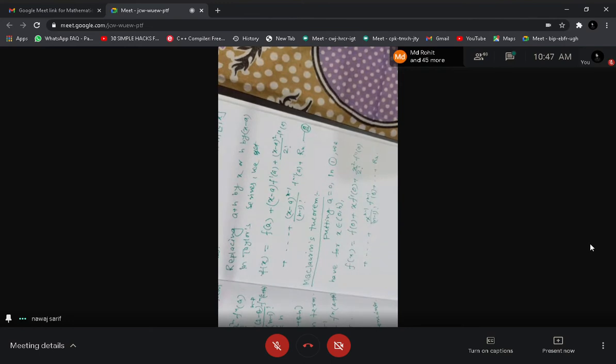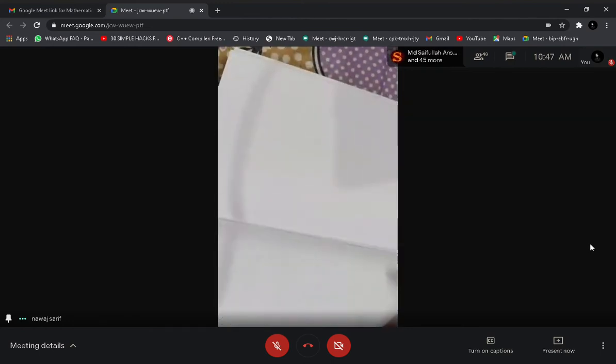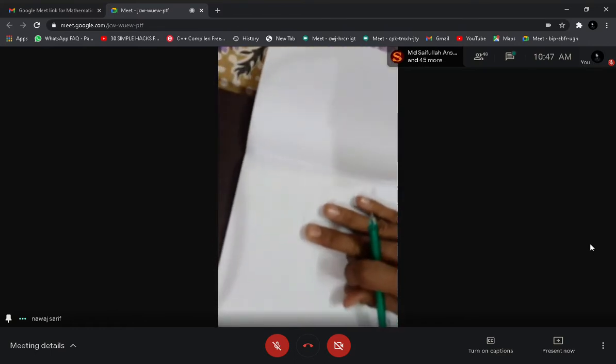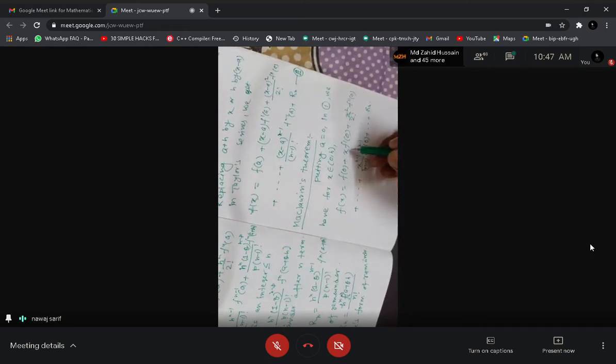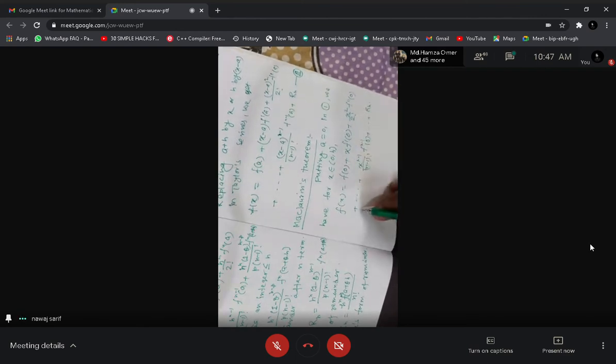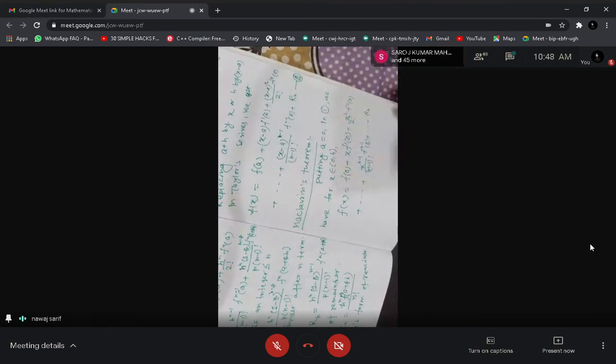f of x is f of 0 plus x into f dash 0 plus x square by 2 factorial into f double dash 0, and so on up to the (n minus 1)th term, then this is Rn, the remainder term.